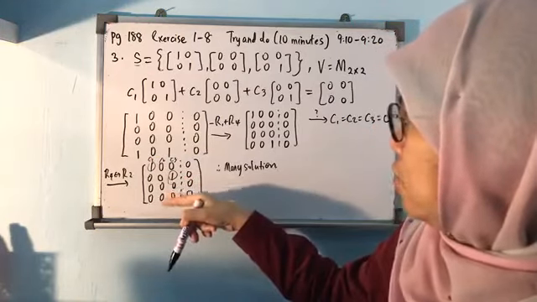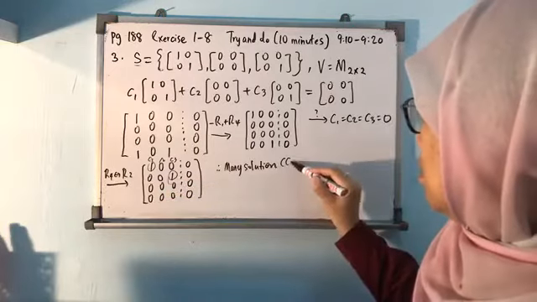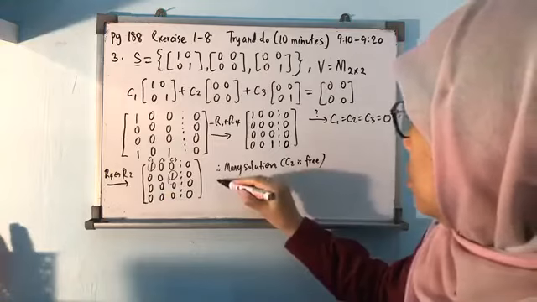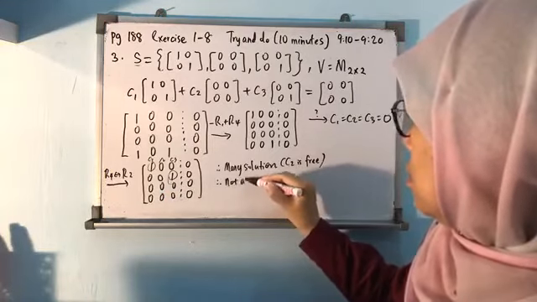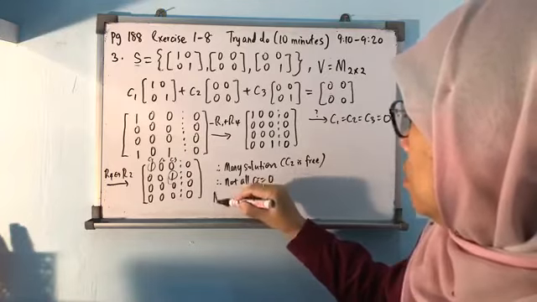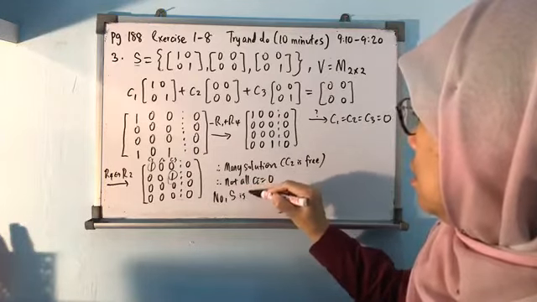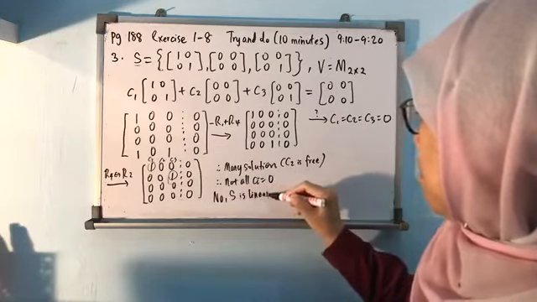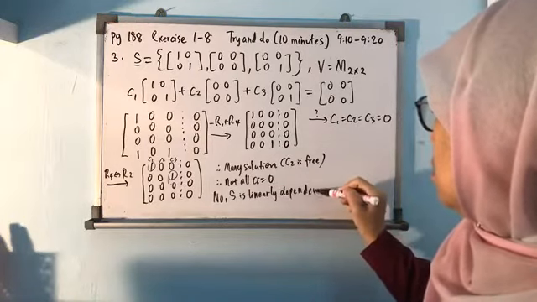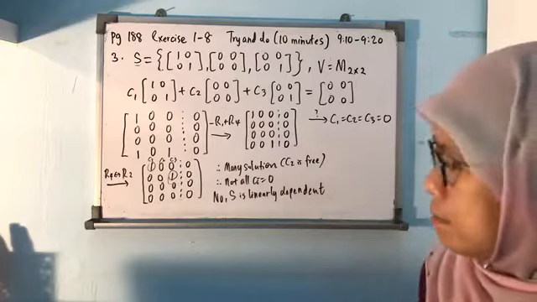C2 is free, right? So not all Ci is 0. So S is linearly dependent.